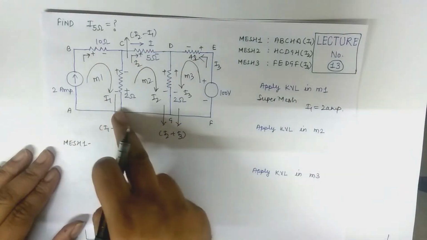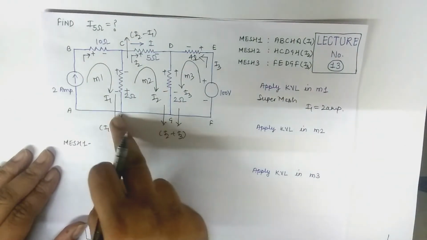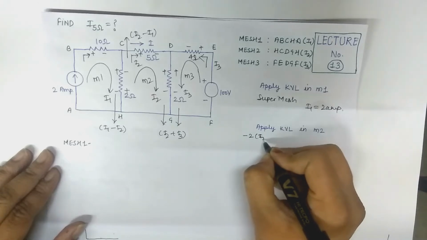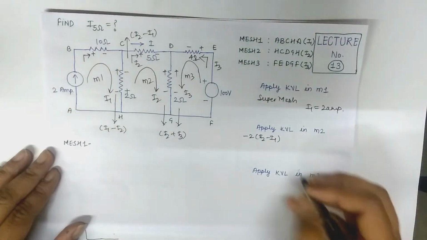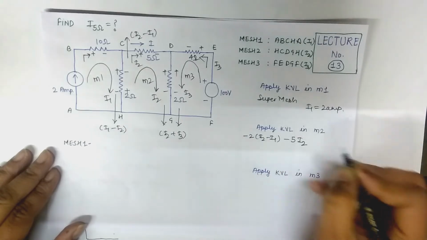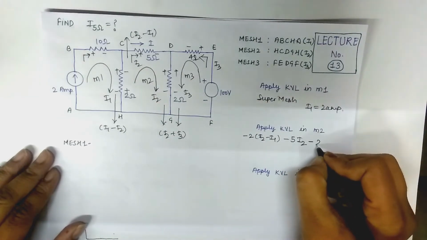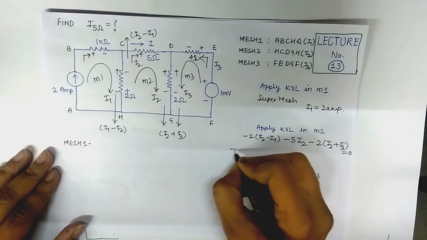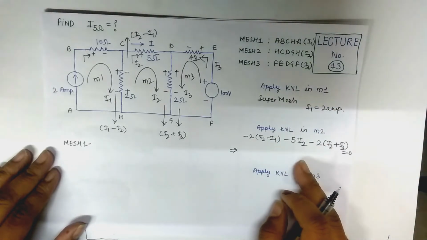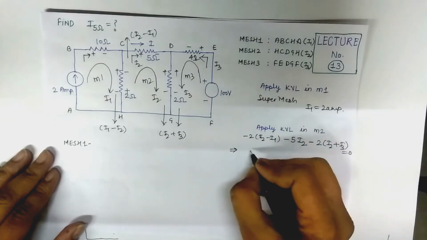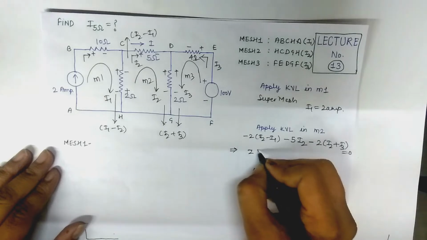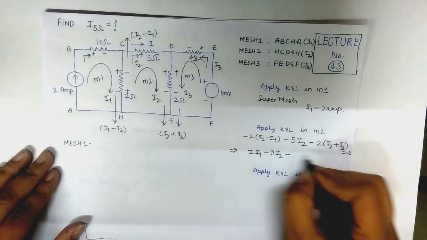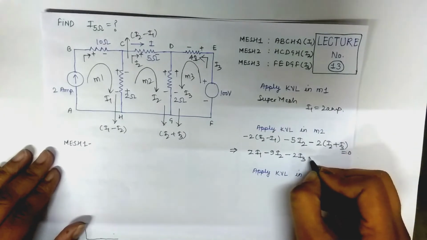Now for M2, start from H and come back to H: minus 2(I2 minus I1), minus 5 I2, and minus 2(I2 plus I3) is equal to 0.